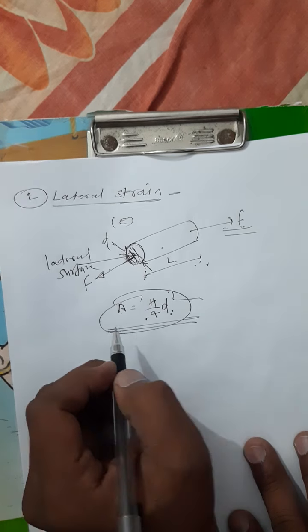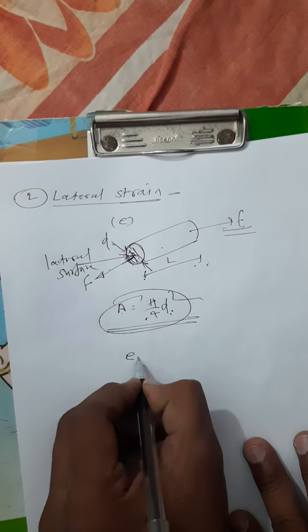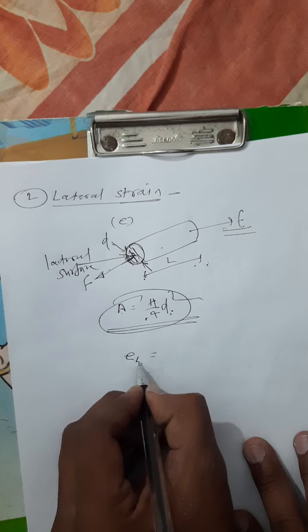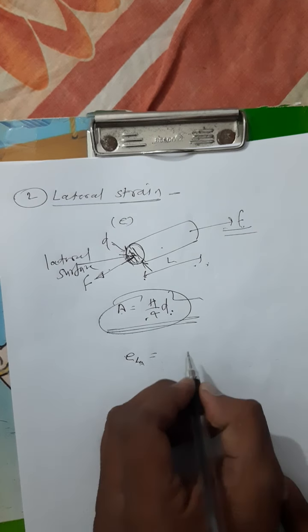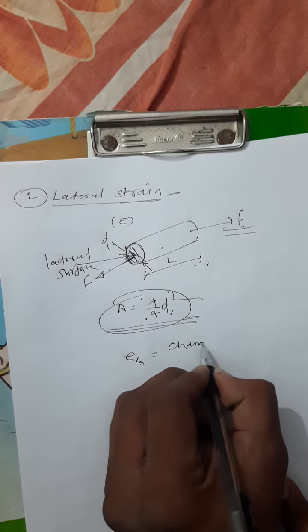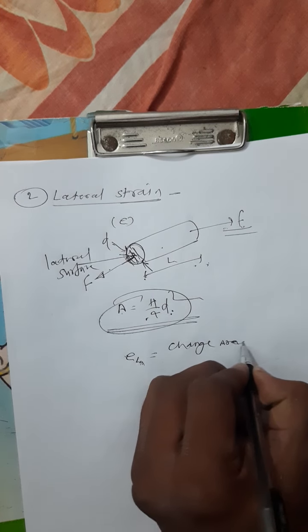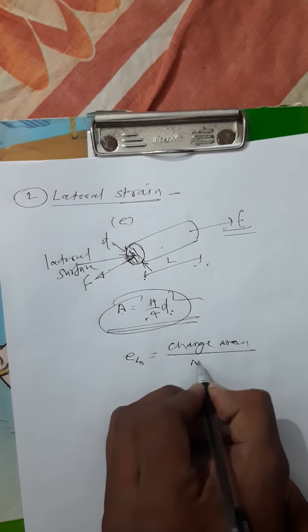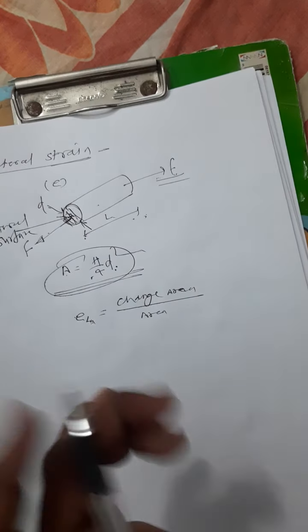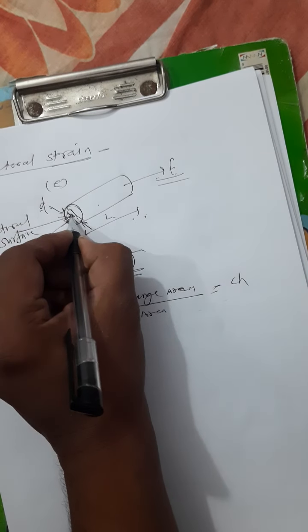So what is lateral strain? E for strain, LA for lateral. Lateral strain is change in area to original area. Sometimes you can call it change in diameter, because this diameter changes.